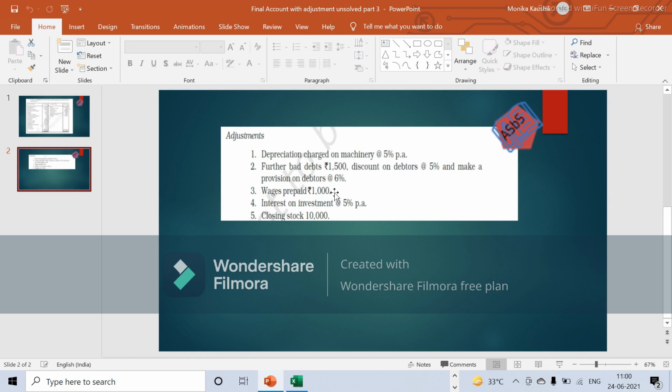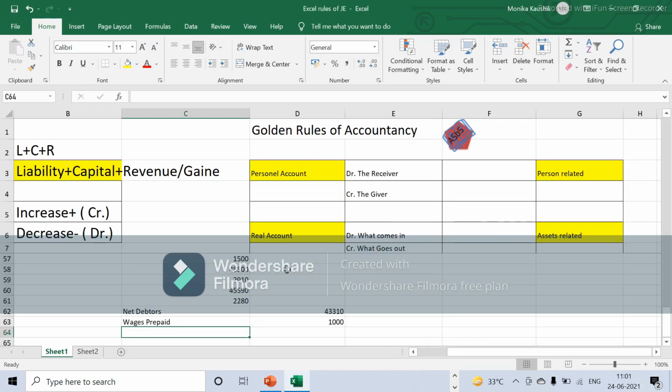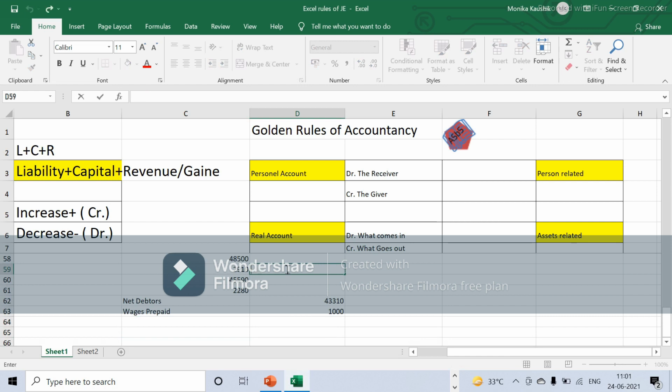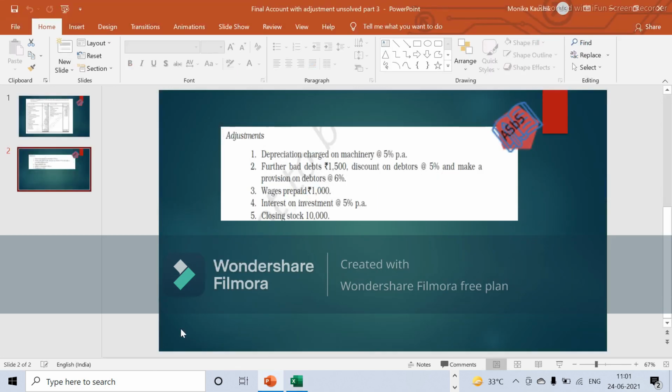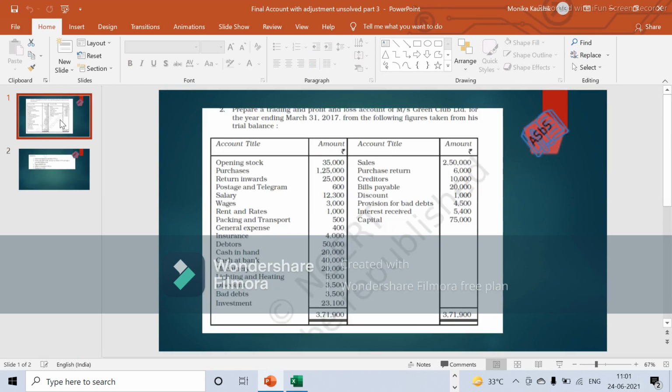Okay. Now interest on investment. This we will have to add back to the investment amount, because with the investment I will get this amount back also. This will also be my investment, or what else I can say, this will be my asset. So investment plus interest on investment. Let me check how much the investment was. Investment was 23,100.